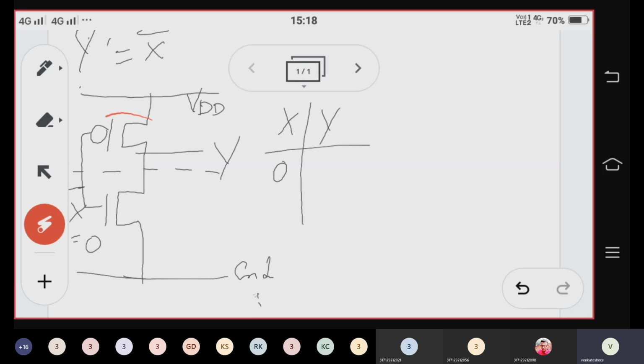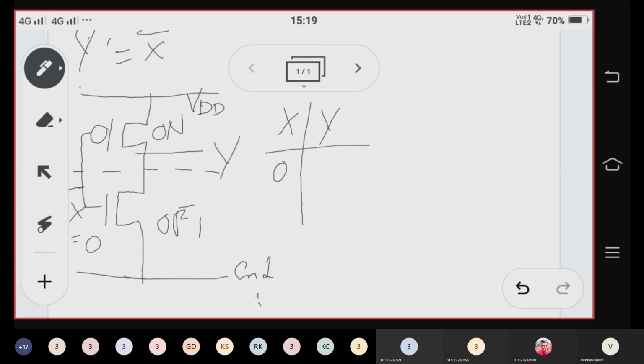When 0 is given to the PMOS transistor, the PMOS transistor is in on condition. Whenever a 0 is given to the NMOS transistor, the NMOS transistor is in off condition. So whenever x equal to 0, my PMOS transistor is in on condition, whereas the NMOS transistor is in off condition.